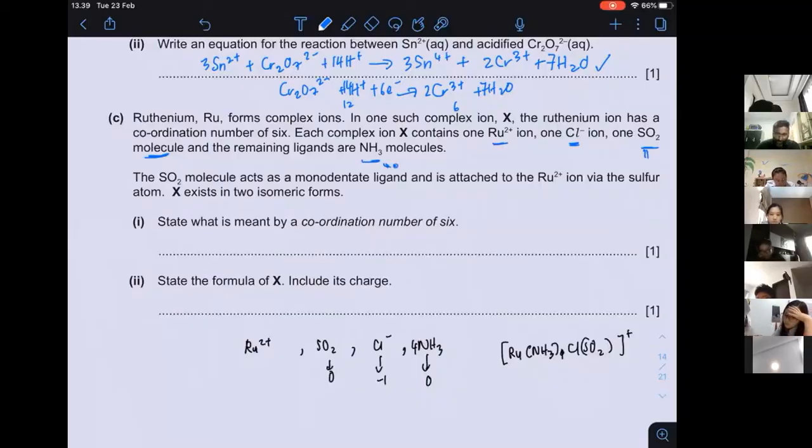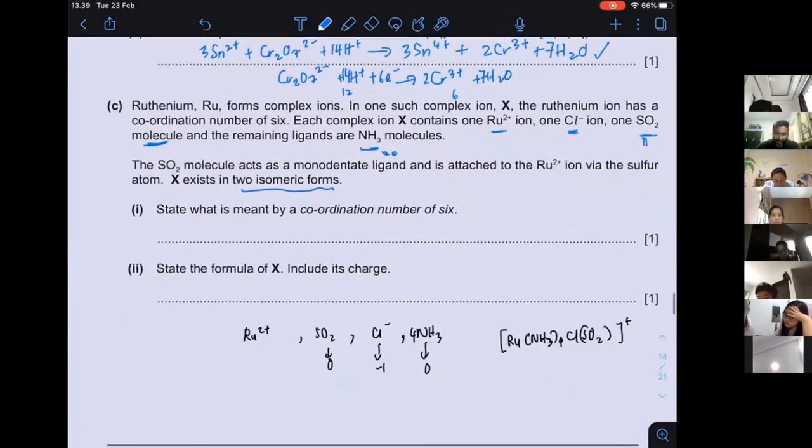The SO2 molecule acts as a monodentate ligand, so only one coordinate bond. It is attached to the Ru2+ ion via the sulfur atom. It means the sulfur is the one giving the lone pair of electrons to be bonded. X exists in 2 isomeric forms. Later we'll look into that.